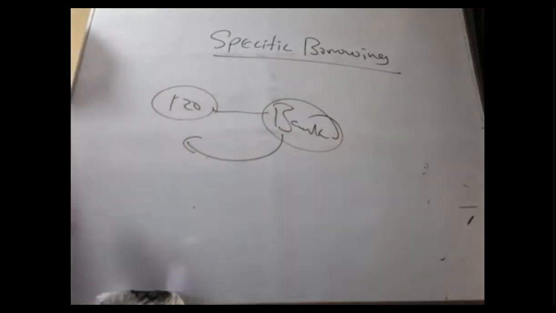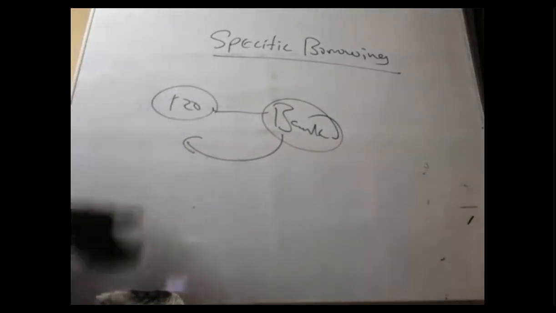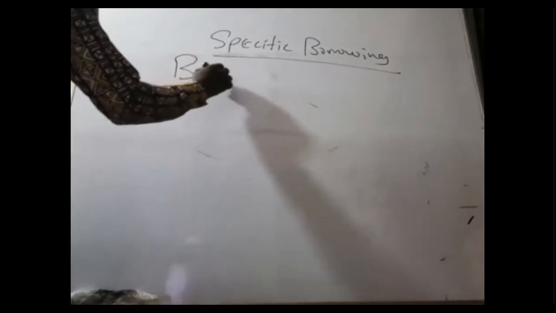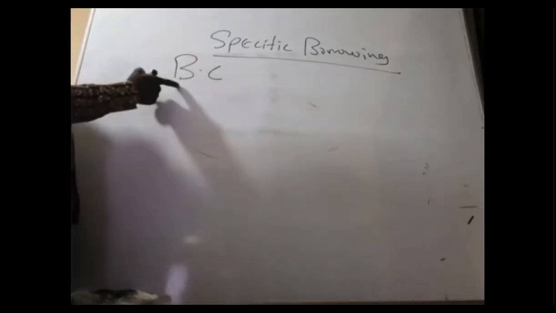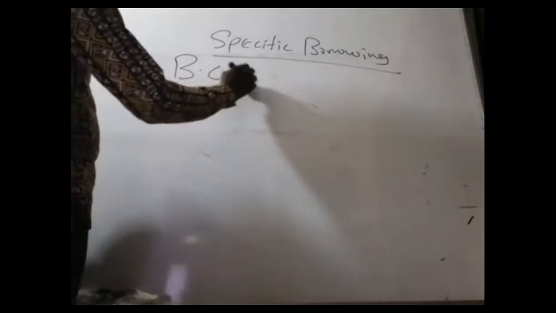In such a situation, how do we determine the borrowing cost eligible for capitalization? Right here, BC eligible for capitalization. BC means borrowing cost, no shortcuts in exams.